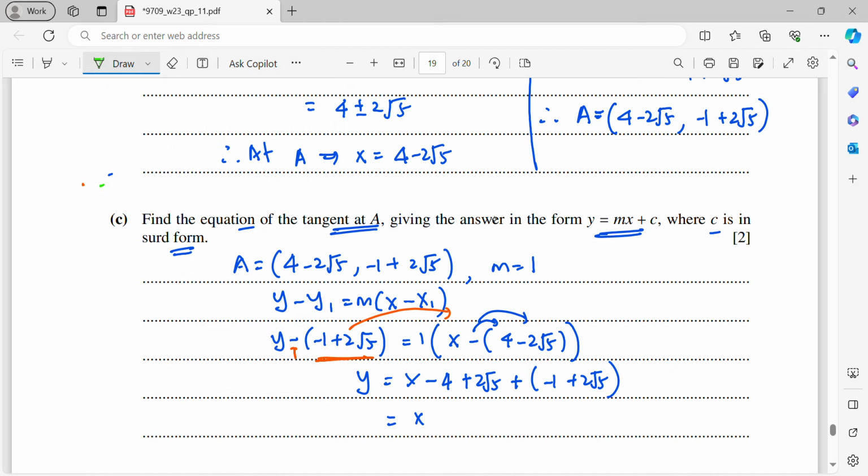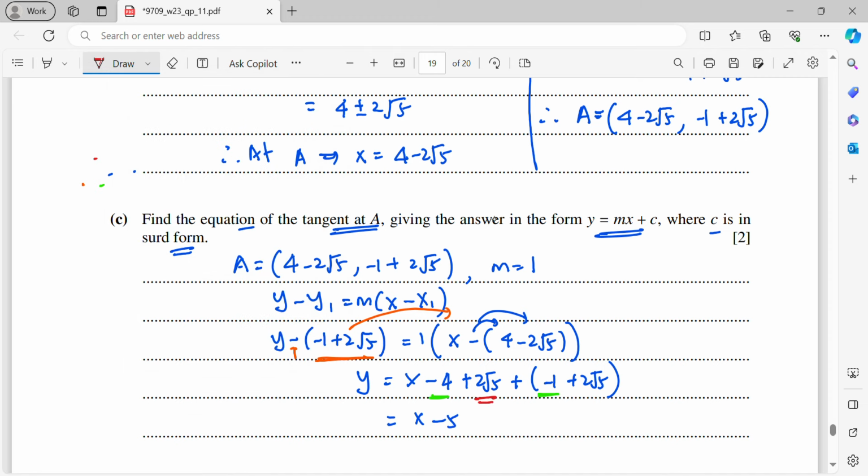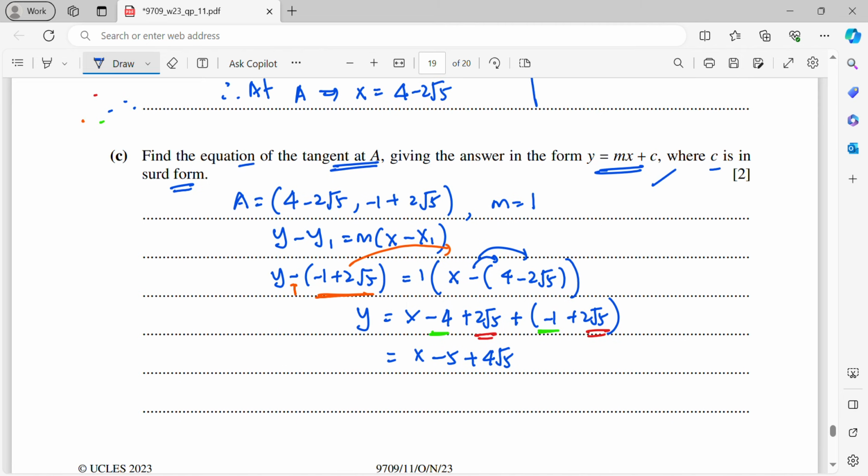From here I will get minus 4 plus minus 1, it will be minus 5. Then 2 square root 5 plus 2 square root 5 will be 4 square root 5. So to get this form mx plus c, I will just write y is basically x plus bracket 4 square root 5 minus 5. Okay, so that's the equation of the tangent at A.